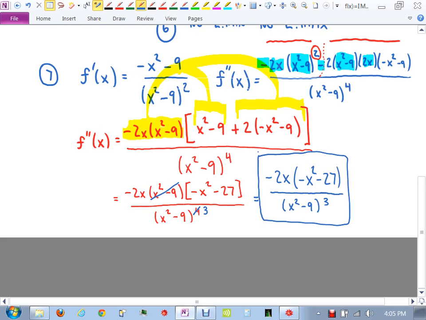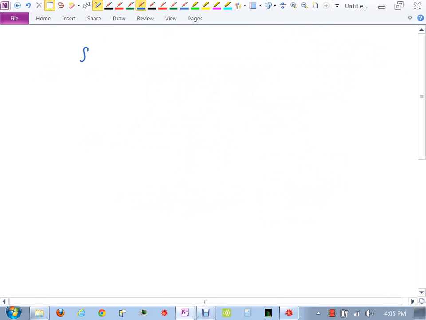And we'd like to know where this is undefined and where it's 0, right? I'm going to move to another page. f double prime of x equals negative 2x times negative x squared minus 27, over x squared minus 9 cubed.